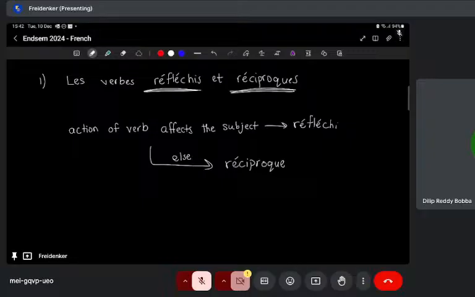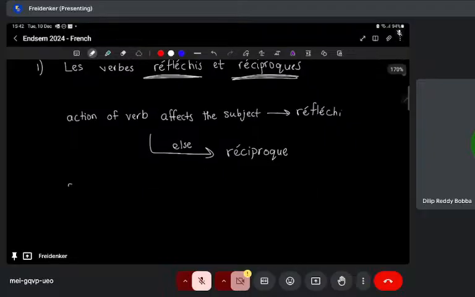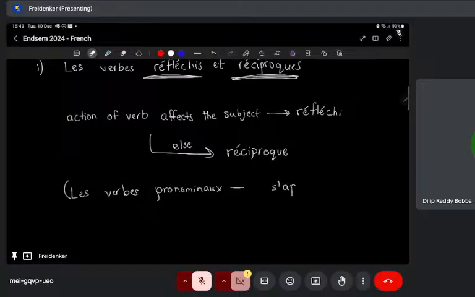For example, if you remember, I'll write the old topic name. This was the old topic from minor: les verbes pronominaux. There you have verbs like s'appeler, which is to call yourself, then s'habiller, and what were the other verbs?